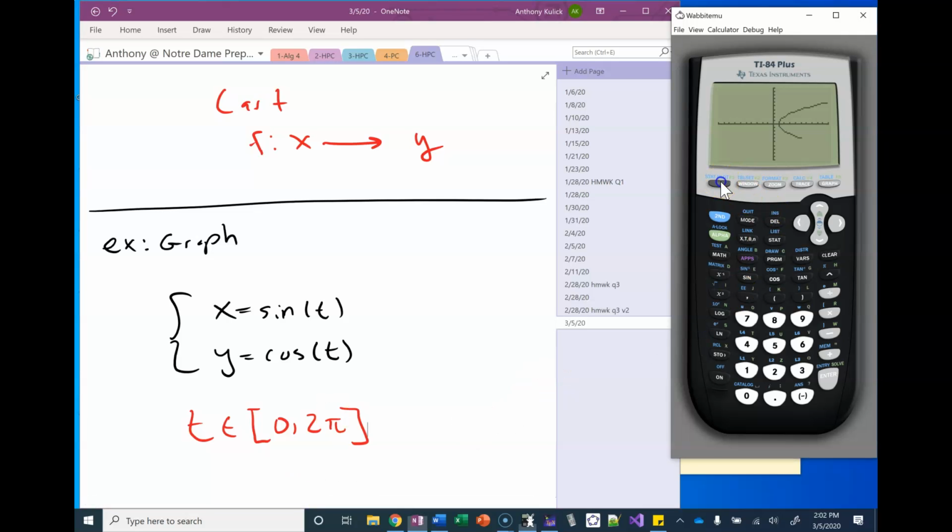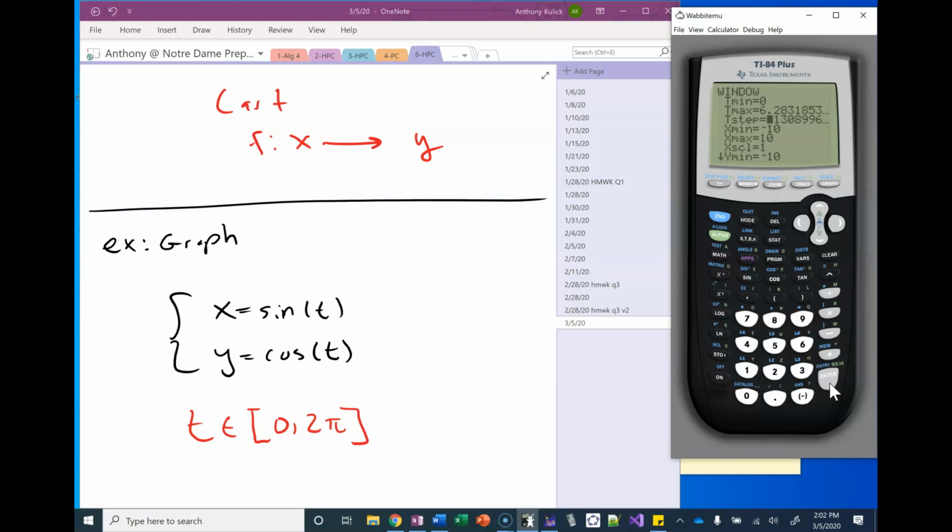So let's go ahead and enter this into our calculator now and see what we get. So sine of t, and then cosine of t, and then 0 to 2 pi. Now, before we hit graph, what do you think this is going to look like?